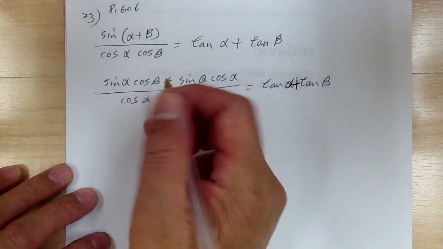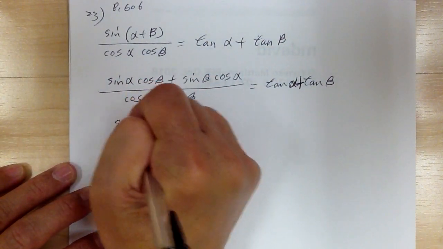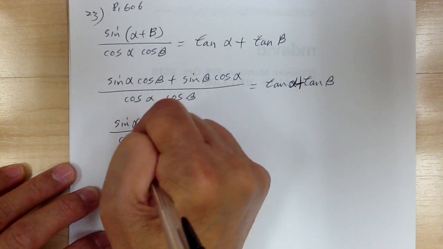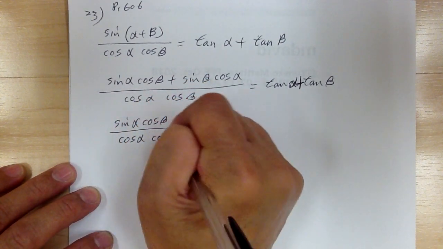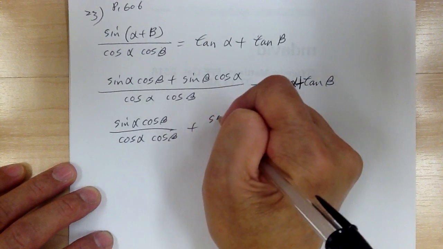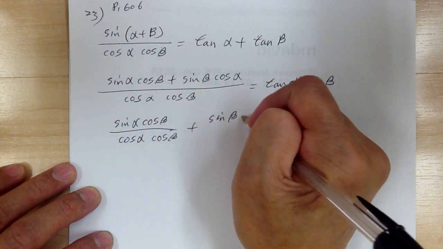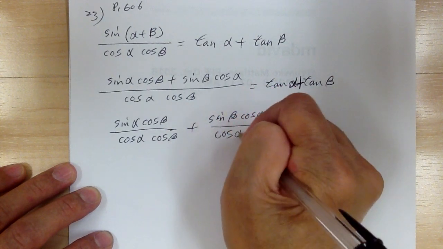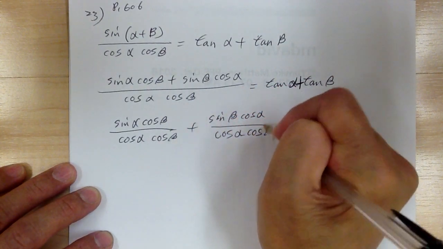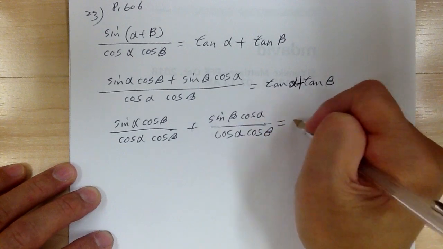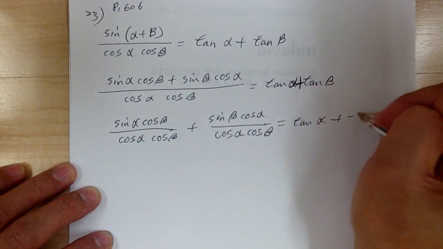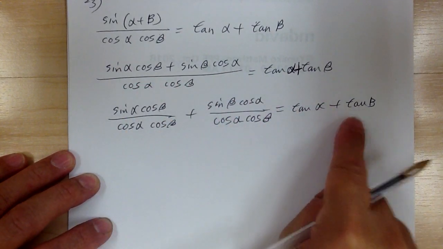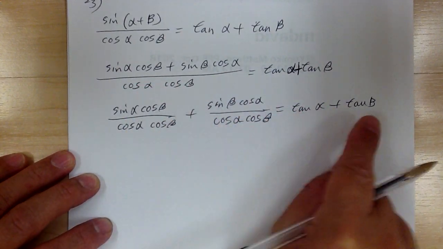So you're going to get sine alpha cosine beta over cosine alpha cosine beta plus sine beta cosine alpha over cosine alpha cosine beta equal to tangent alpha plus tangent beta. So go and separate so you can match what's on the other side. You have to look at what's on the other side to get a clue.